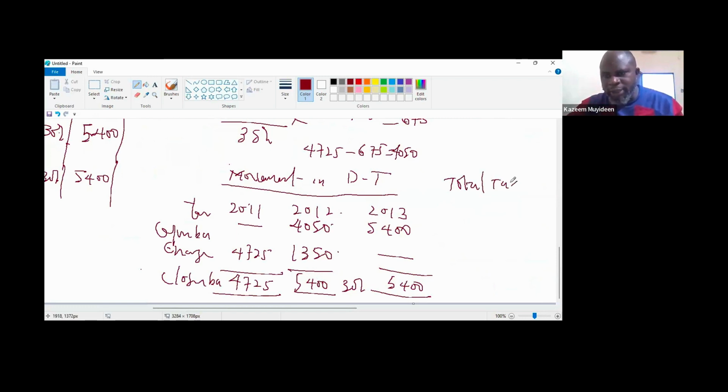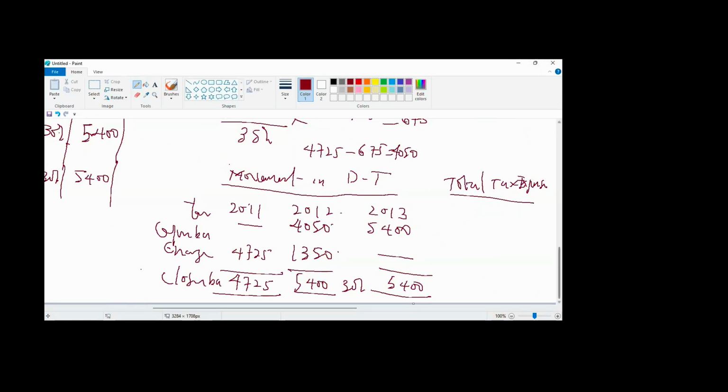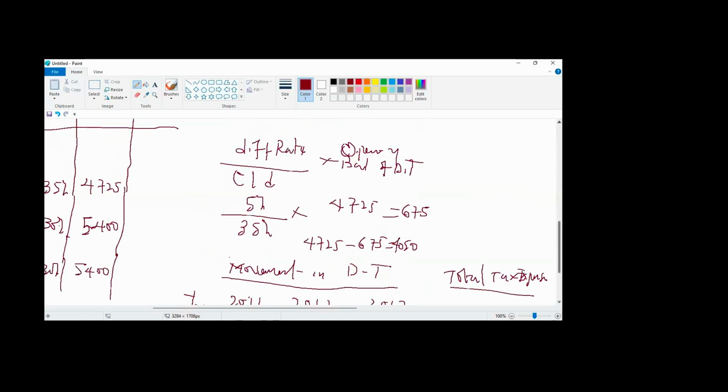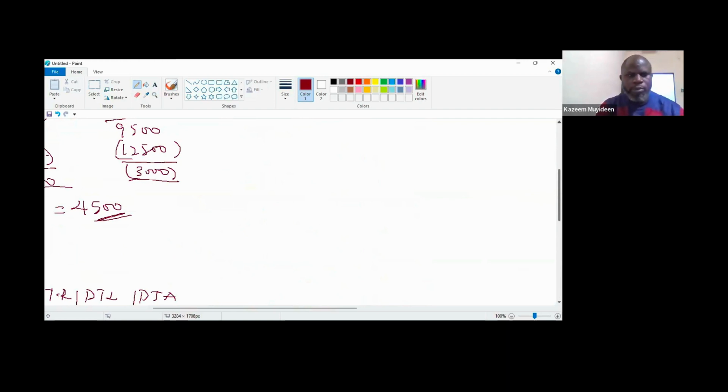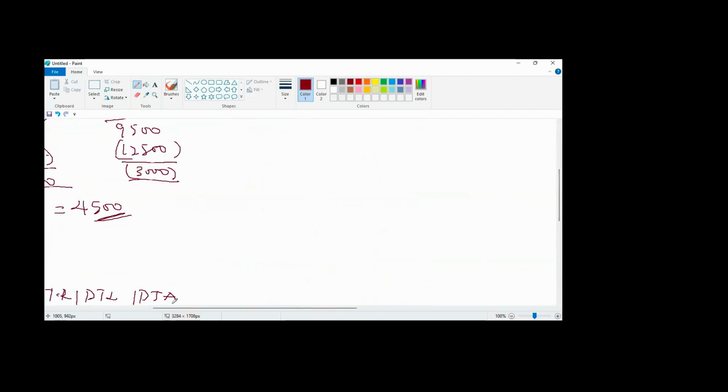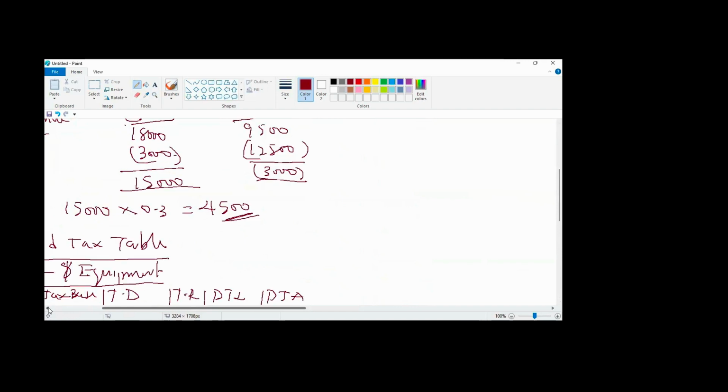Total tax expense that will go to the P or L. Who can tell me? 0? Why is it 0?